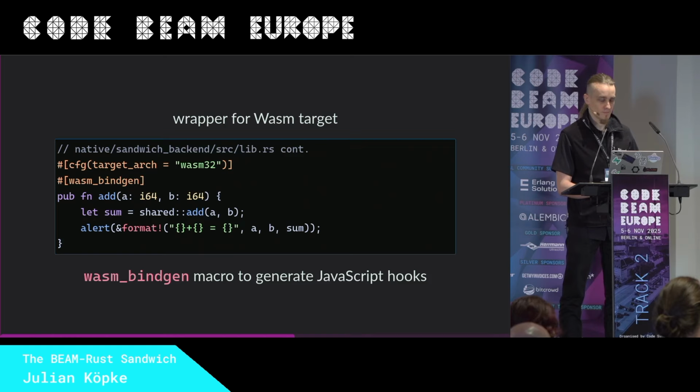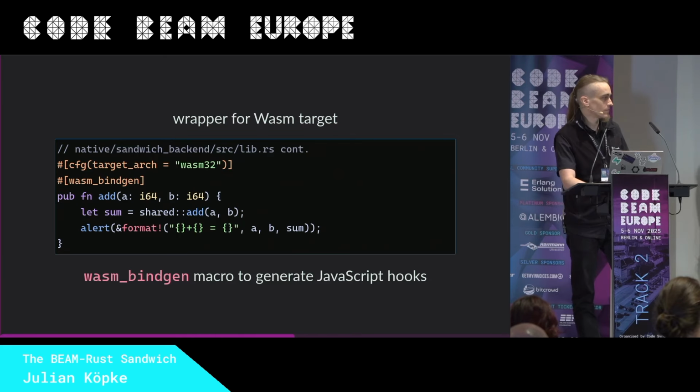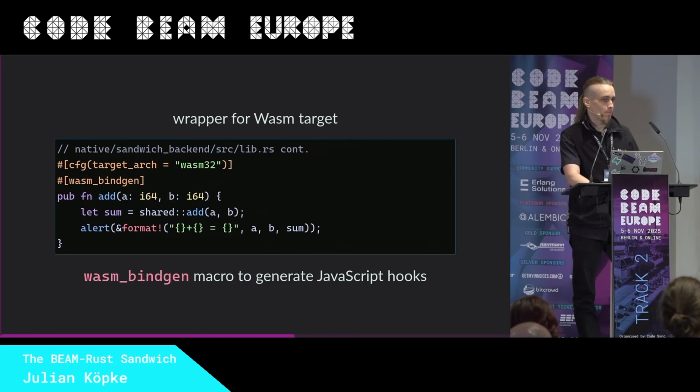Any more questions? Have you seen any attempt to bring more WASI type features like the WASM component model? Specifically for Rust or? For Rustler or any other sorts of integrations?